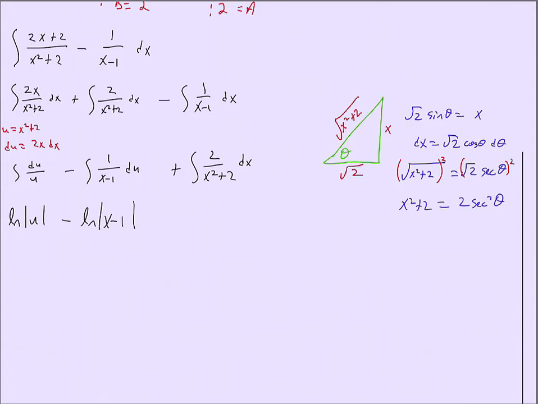And so I can do some substitutions here. Notice how this 2 is still around, haven't done anything to it. But the dx will be replaced by root 2 cosine theta d theta. And the x squared plus 2 will be replaced by 2 secant squared theta.